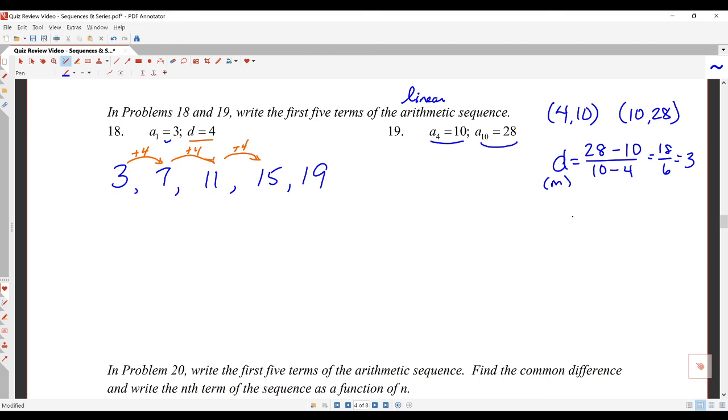So now what I do is I take our equation, an equals dn plus a0, and I plug in our 3. And then I'm going to plug in one of these points. I'm going to take the smallest one, 4 and 10. I plug 4 in for the n, 10 for the term.